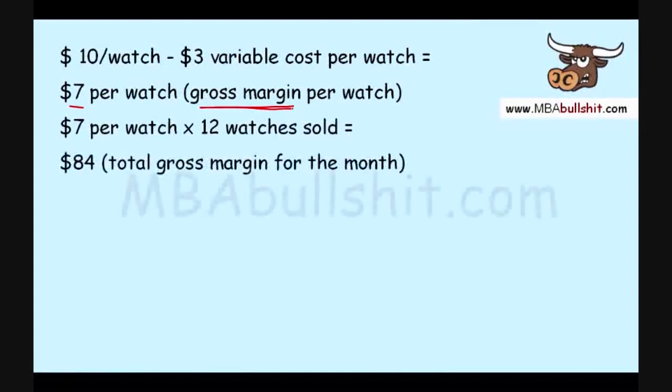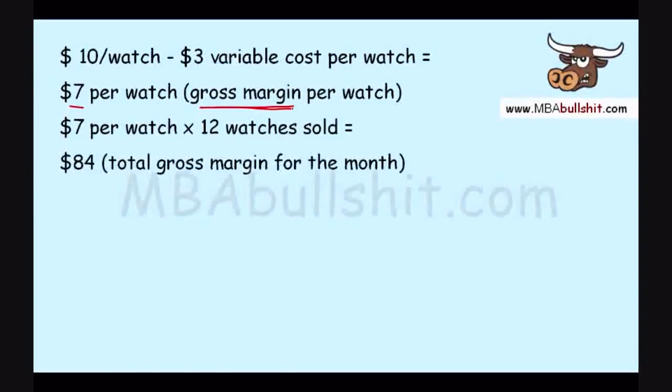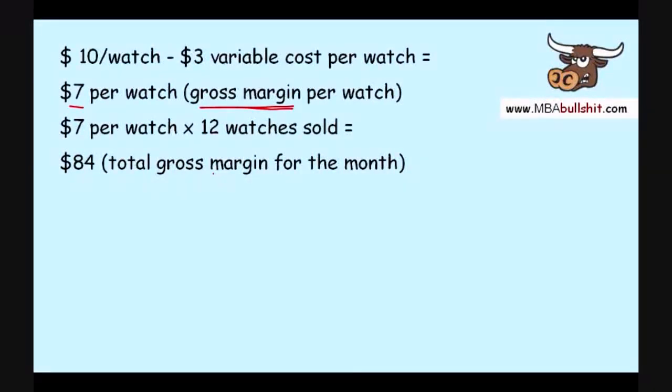So you're earning a margin of $7 per watch, multiplied by 12 watches sold, and you have a total gross margin for the month, or gross profit. Some people call it gross profit, but I find it confusing because it might be confused with final profit. So it's better to use the word margin. So you have a total gross margin for the month of $84.